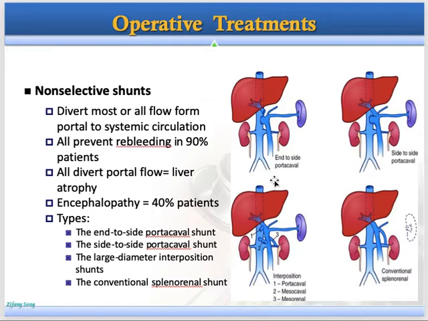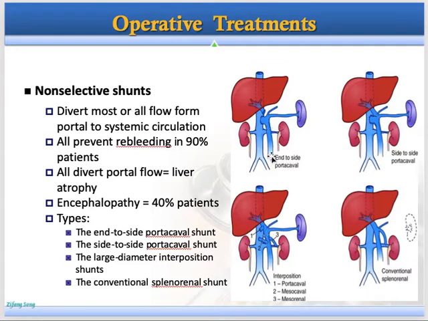Okay, so selective, which is splenorenal, and non-selective, which is portocaval. So all the shunts can be done to shunt the blood from the portal circulation to the systemic circulation simply.